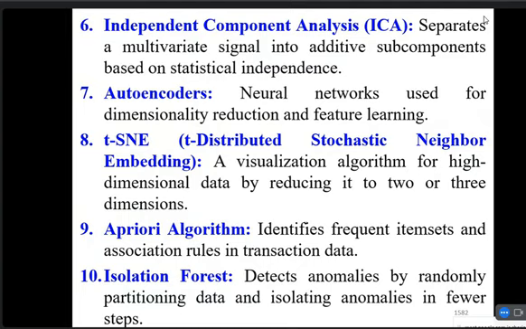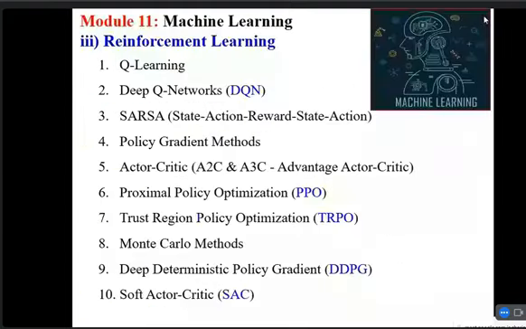We have isolation forest, which detects anomalies by randomly partitioning data and isolating anomalies in fewer steps. Then we are going for reinforcement learning, where based on punishment and reward, we are solving the problems. We have top 10 algorithms like Q-learning, deep Q networks (DQN) and SARSA. SARSA is nothing but state-action-reward-state-action. Then policy gradient methods, actor-critic like A2C, A3C, that is advantage actor-critic.